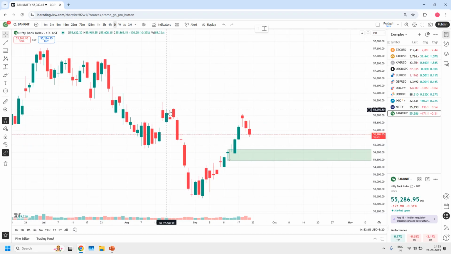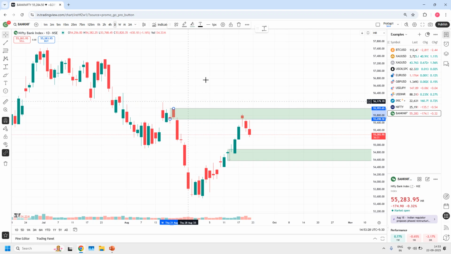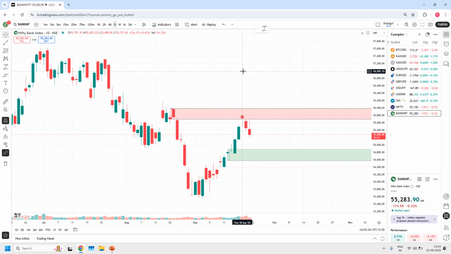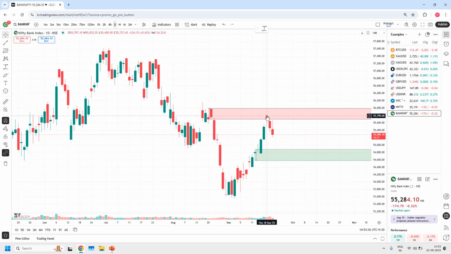Also, a rally base medium size leg candle can also be part of the base because there is an earlier base candle. Now you have a leg out candle. You can draw one more supply zone here. And from this daily supply zone, prices went up and are coming down.